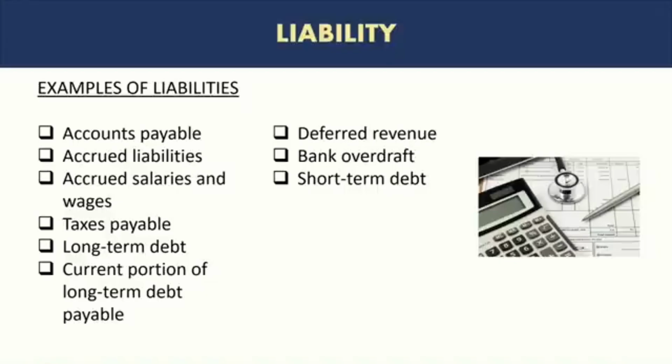Let's say at the end of January 31st, there is 10 days worth of salary that has not been paid, although work has been done, and those 10 days will be paid, let's say on the 4th of Feb. Let's say the company is paying in 2 weeks time. So there is this 10 days that need to be accrued for the month of January to truly reflect the cost of salaries and wages in the month of January.